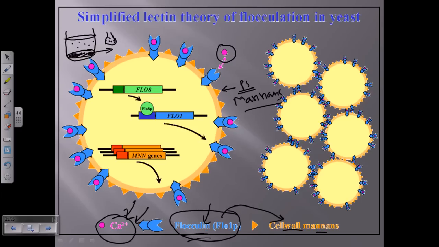As a result, flocculin has a larger group now, so it can easily bind with the neighboring cell's mannan. One cell's flocculin can bind with another neighboring cell's mannan. As you can see in this picture, they interact through flocculin and mannan interaction and attach to each other, and that's how they form a large mass which can easily settle down into the bottom of that fermentation tank.